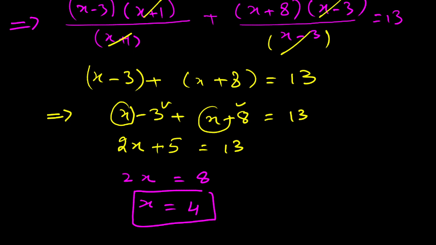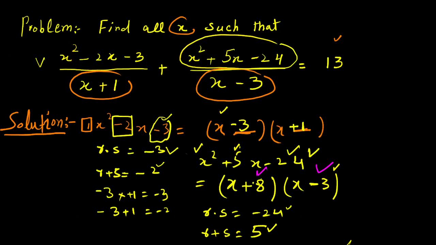So x equal to 4 is the value that satisfies your original expression, x square minus 2x minus 3 divided by x plus 1 and so on. You can see that by putting x equal to 4, you will get the left hand side equal to 13, which is the right hand side. But here you can see something interesting, and that is x plus 1. Here x plus 1 is the denominator of the first fraction.